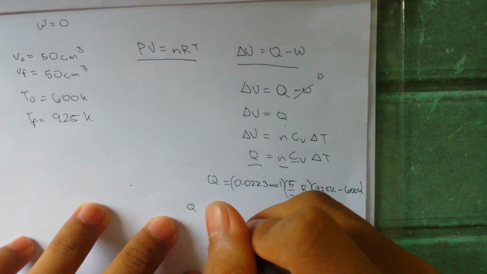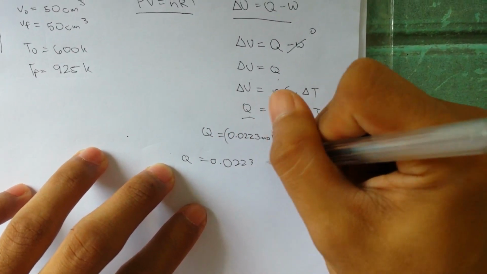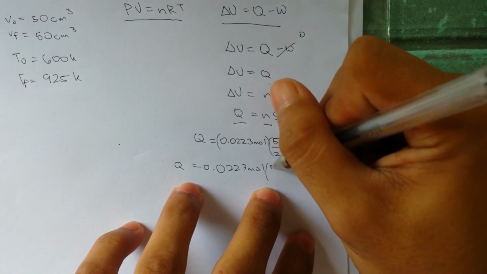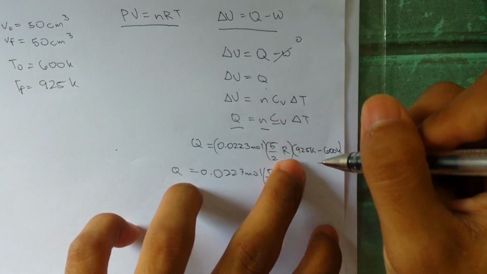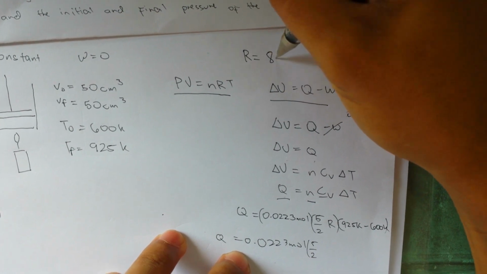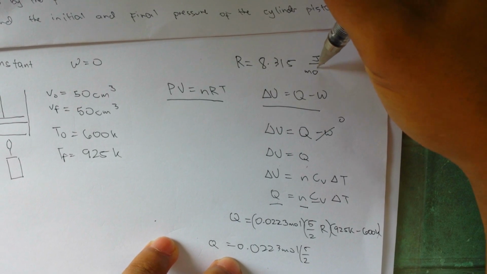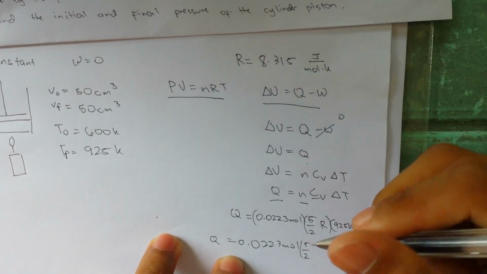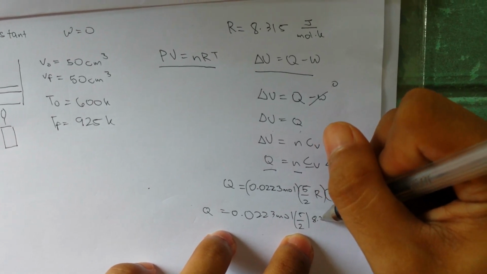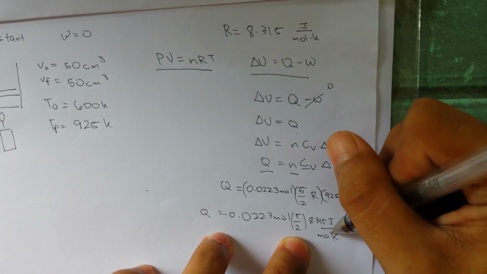So heat is equal to 0.0223 mole times 5/2 times R. The value of R is 8.315 joule per mole Kelvin.